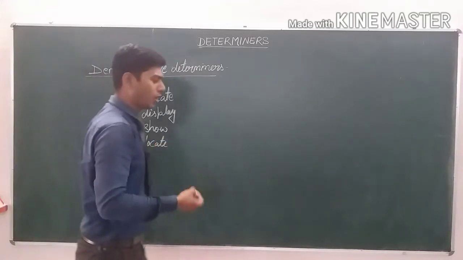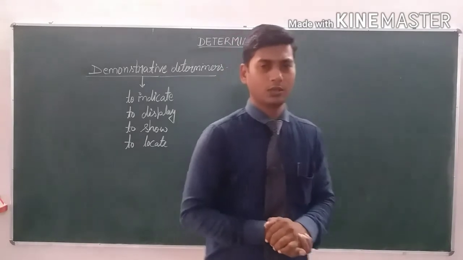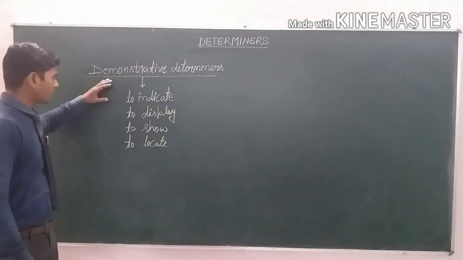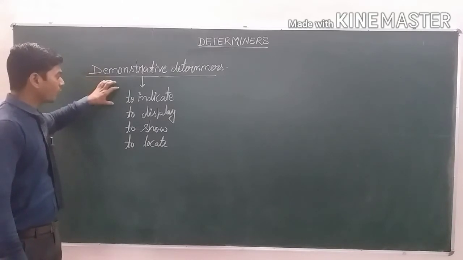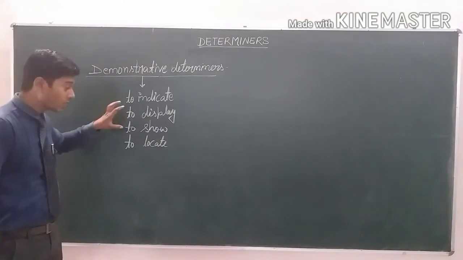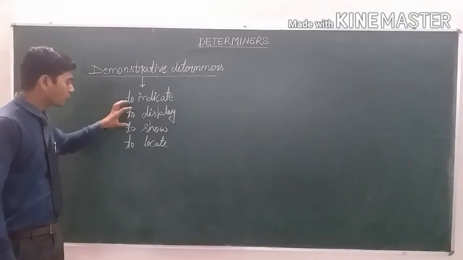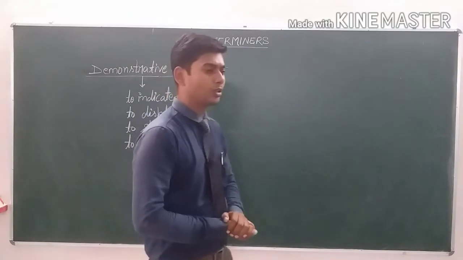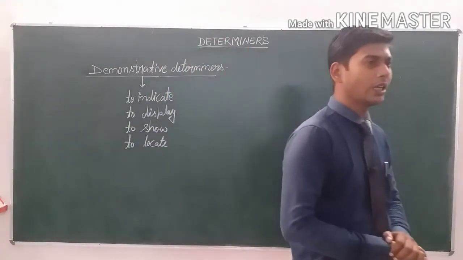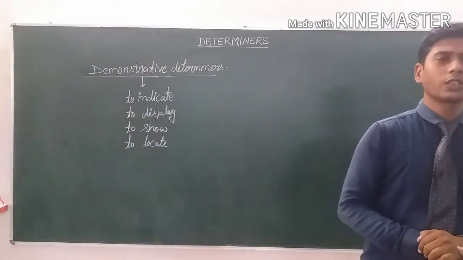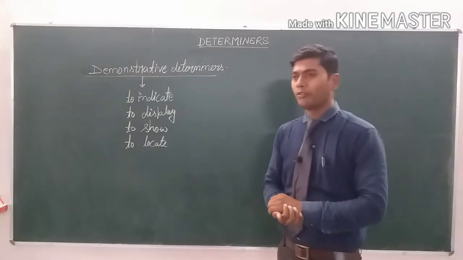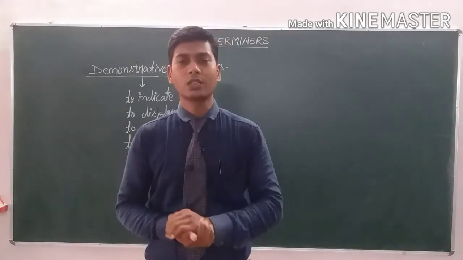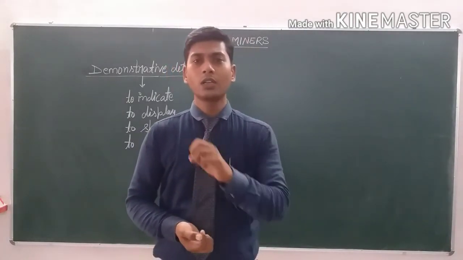In another sense, you can say finger out. Okay, demonstrative means to indicate, to demonstrate, to display, to show, or to locate. It means, in another sense, we can say that under the demonstrative determiner, we fix the location or situation of noun.